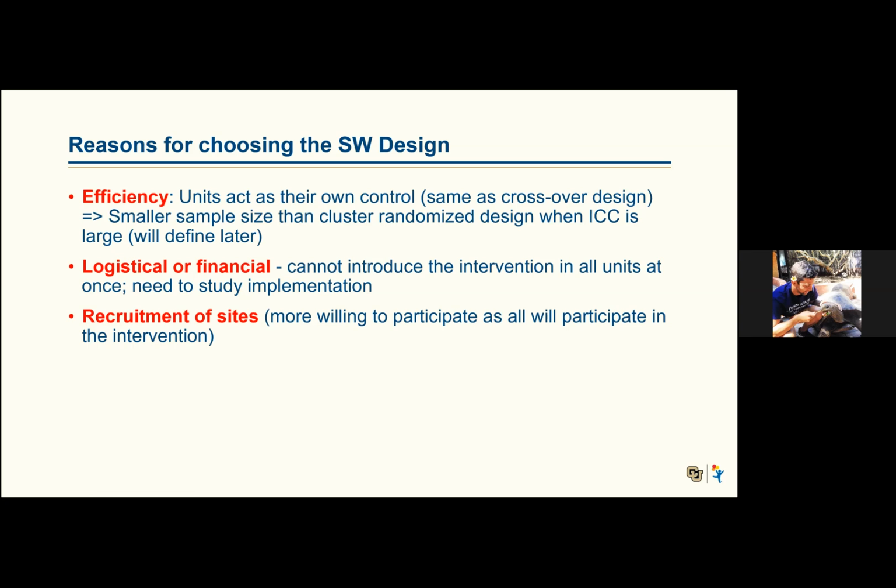It won't support the 25 sites that are needed for a cluster randomized trial. And there's a slight advantage in recruitment of sites, because eventually all the sites will get the intervention, and a lot of times, knowing that they will experience the intervention makes it easier to recruit sites.